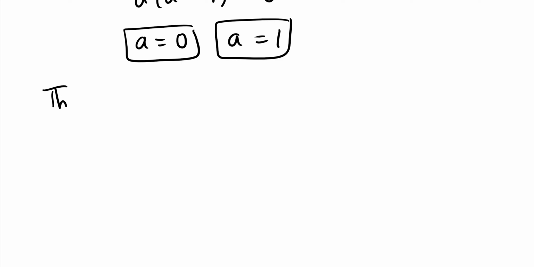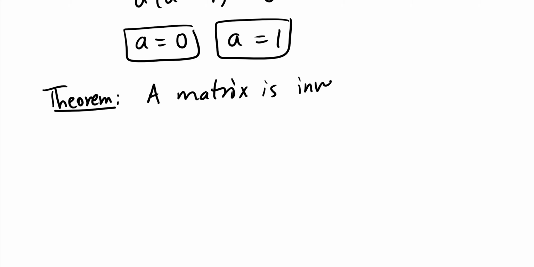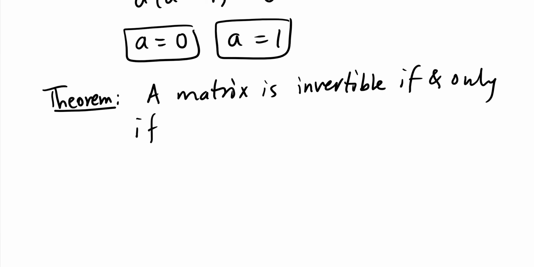We have a theorem to introduce. We say a matrix is invertible if and only if it has a non-zero determinant.